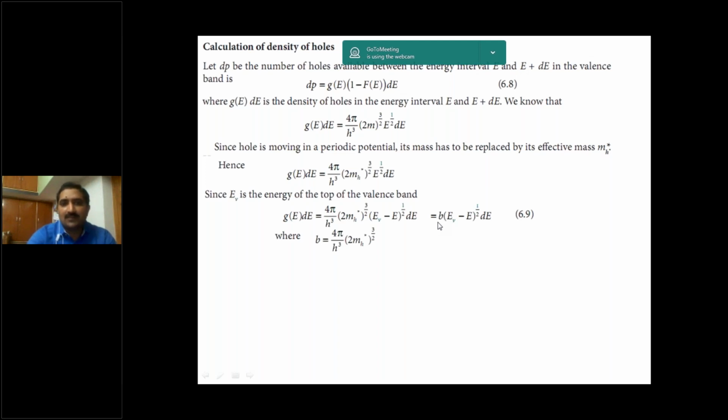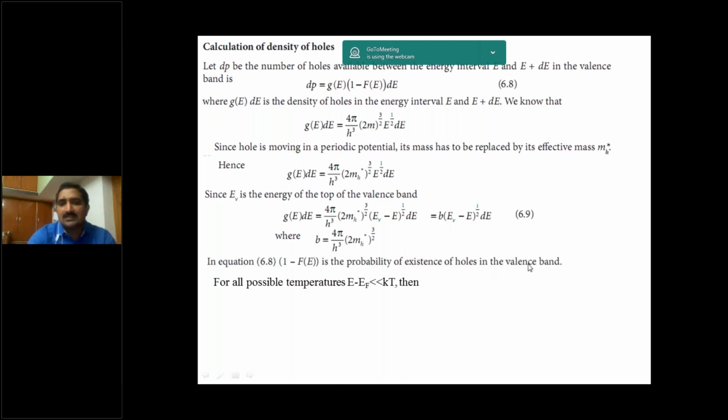here the value of 1 minus f of E, probability of existence of holes in the valency band, for all possible temperatures, E minus EF is very much less than kT. Then the value of 1 minus f of E, 1 minus 1 by 1 plus, this value is the probability of finding an electron in the conduction band. So 1 minus probability of finding an electron in conduction band is equal to the probability of finding a hole in the valency band.